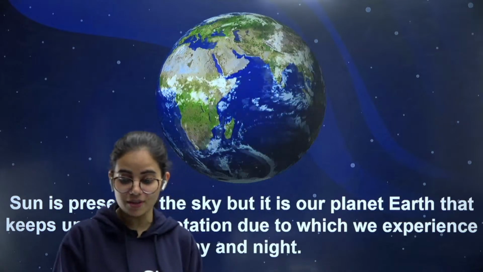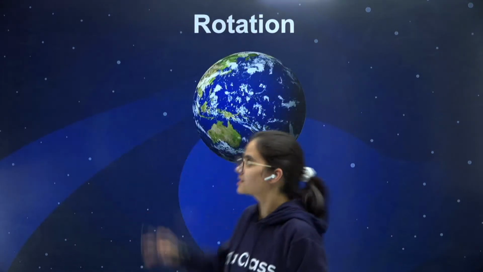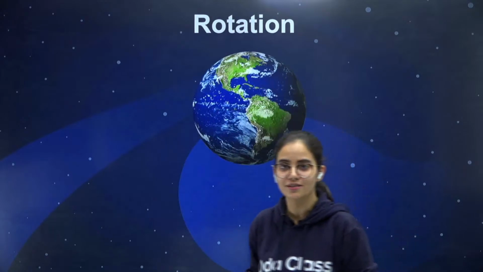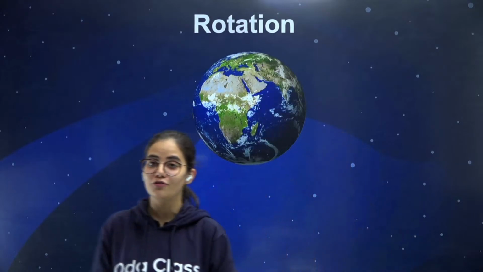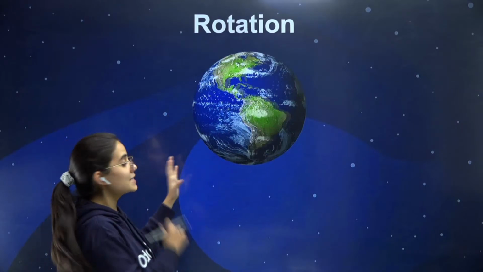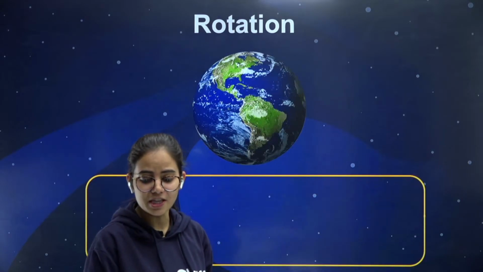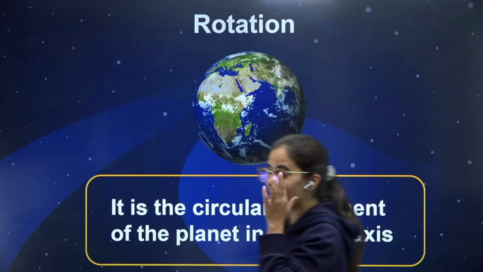I have still not given the name for this movement. Let me tell you what that is. This is called rotation. Another important term for all of you whenever you are learning about the planets. So, rotation, you can see the Earth is moving on its own axis, right? So, here, these are few important things for all of us to remember.